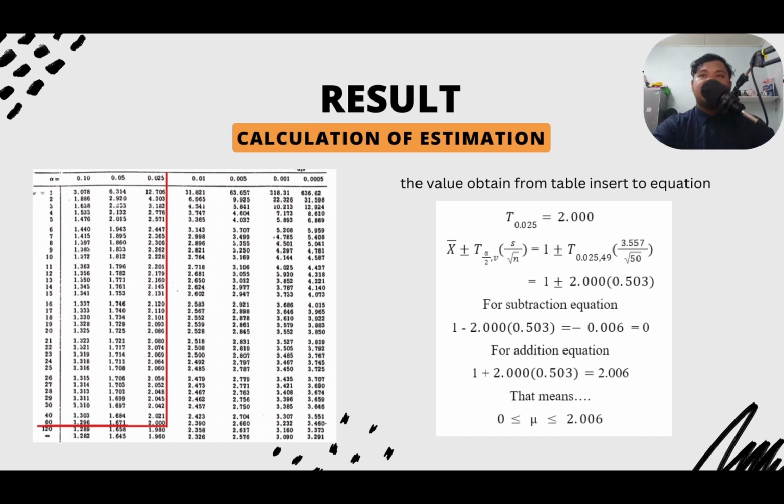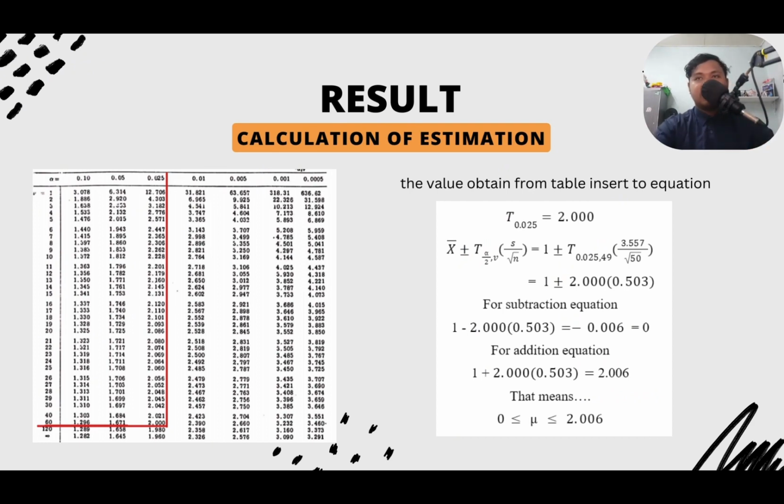For the subtraction equation, if we calculate, we're going to get negative 0.006. It also equals 0, because the value is so small, we just assume it is 0.